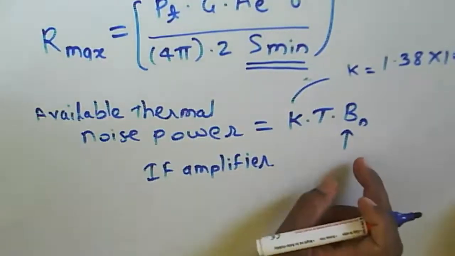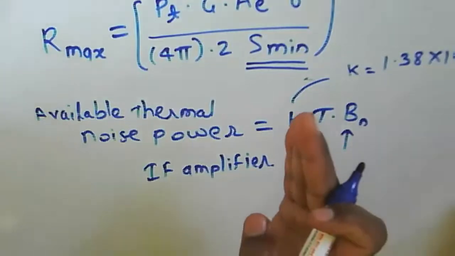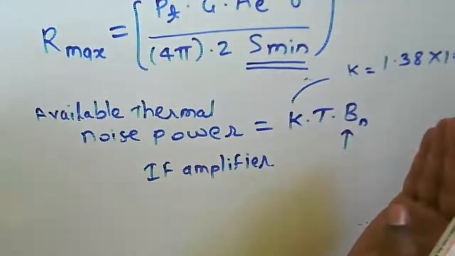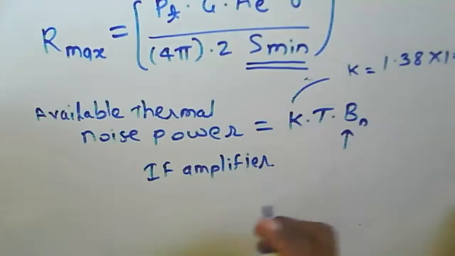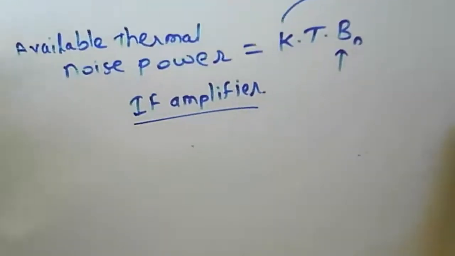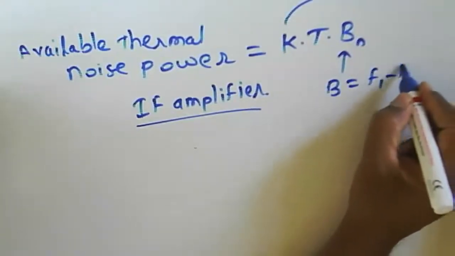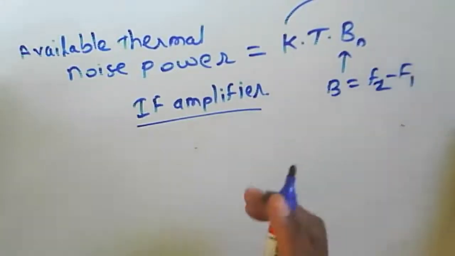Generally we say that bandwidth is from the initial point to the final point. But in the case of an IF amplifier, we have to find out where we are getting the maximum response. Generally, B is F1 minus F2, or some people write F2 minus F1.